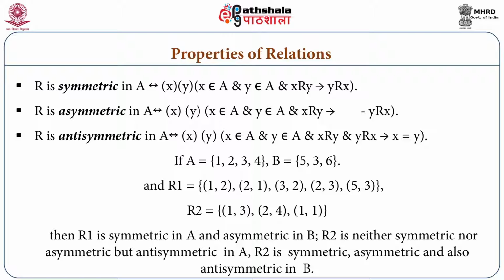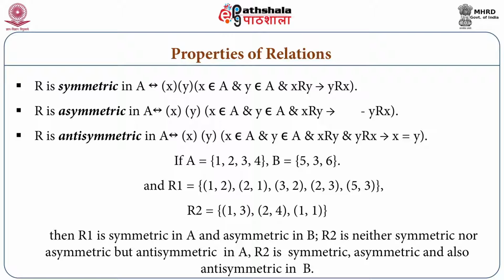What about asymmetric relation? Let us take a look at set B and see whether we can define an asymmetric relation on this with respect to relation 1. There are 3 elements, 5, 3 and 6.